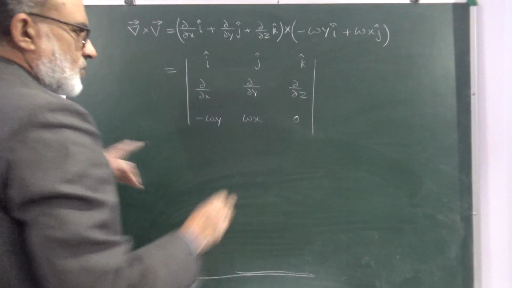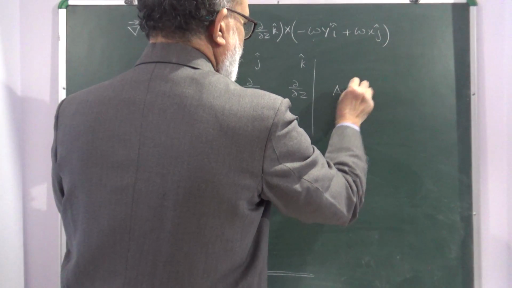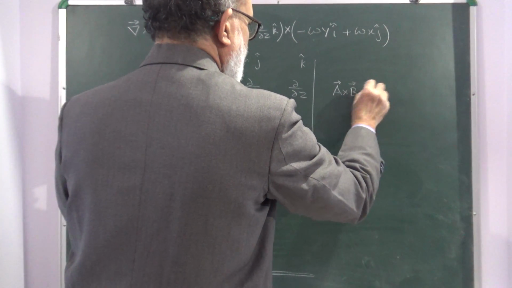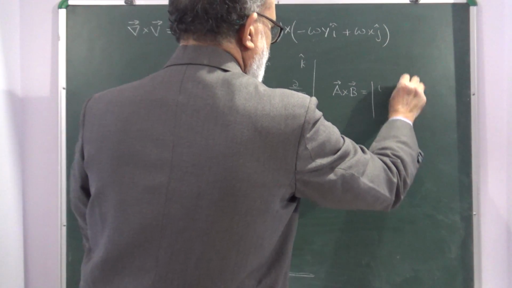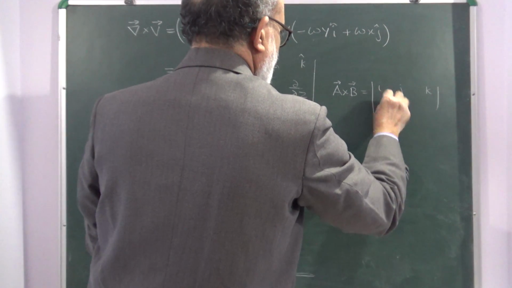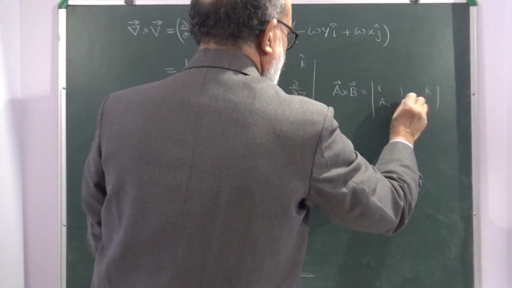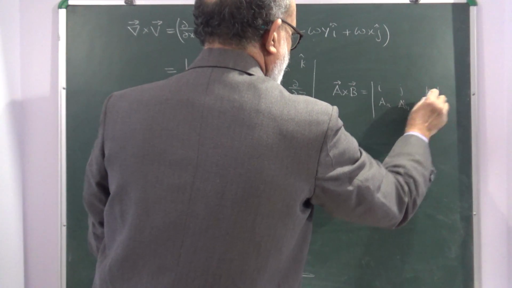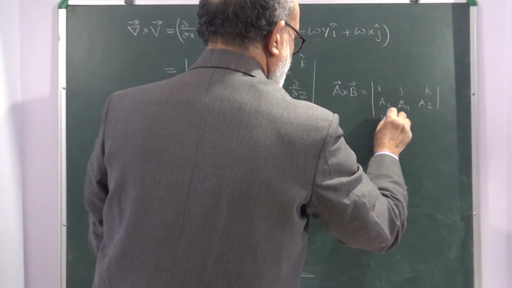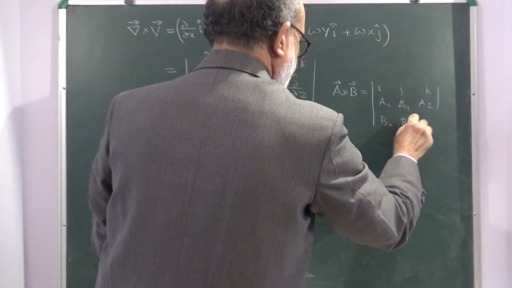See, because we know that a cross b is equal to the determinant with i j k, ax ay az, bx by bz.